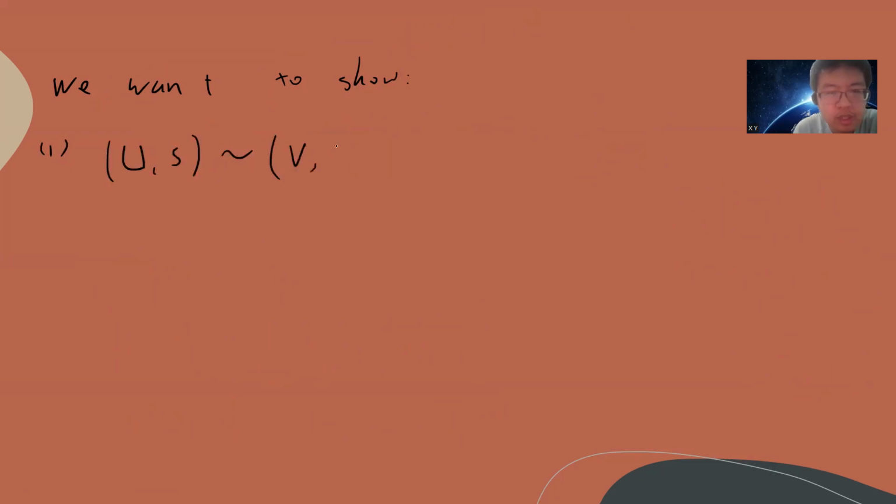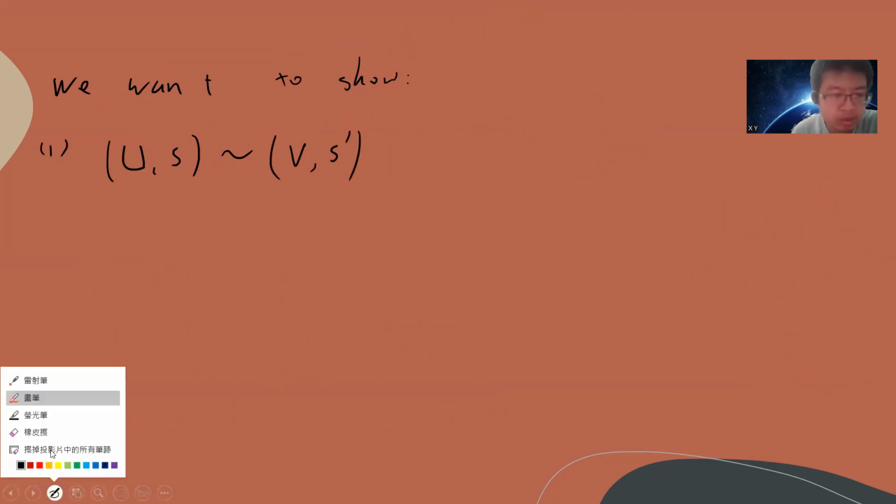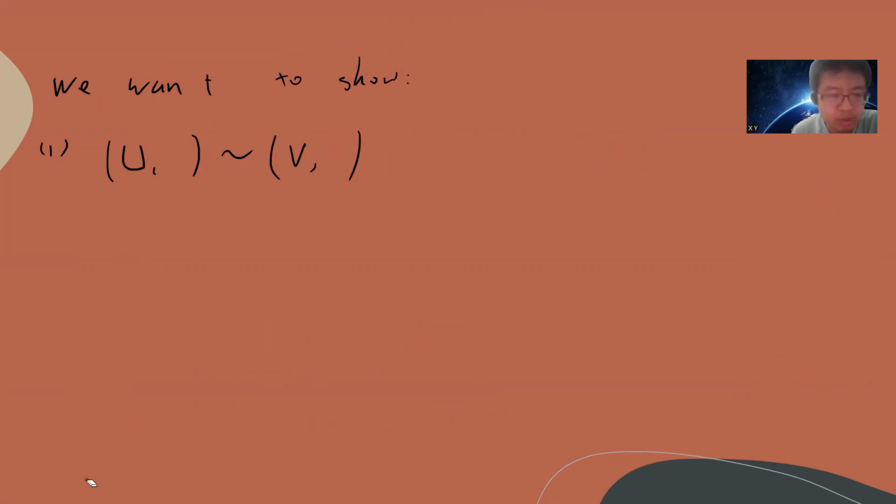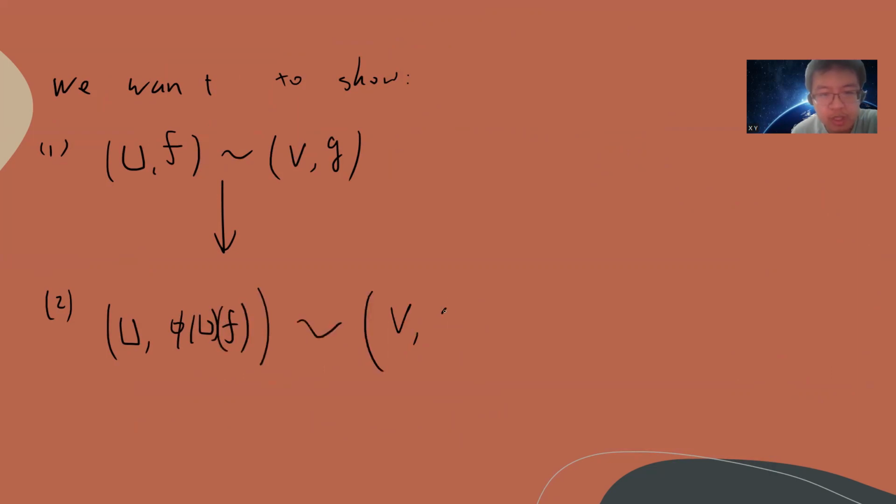Simply, we want to show the following. If you have (U, s) and (V, s'), and these are the same under the equivalence relation, then the map gives (U, phi_U(s)) equivalent to (V, phi_V(s')).